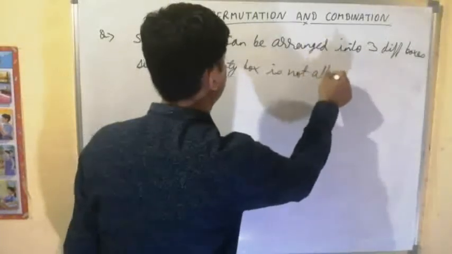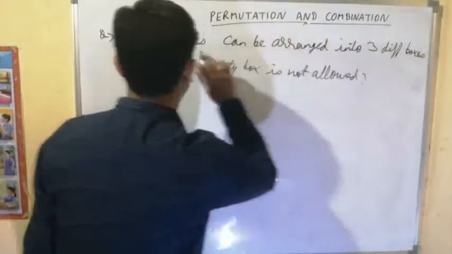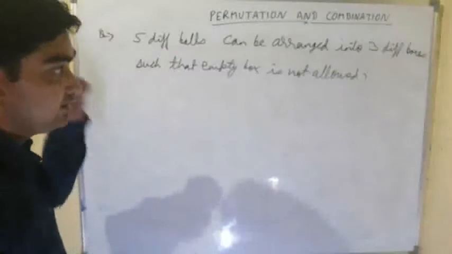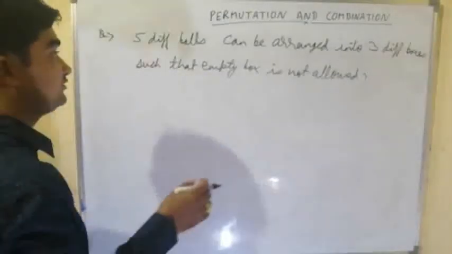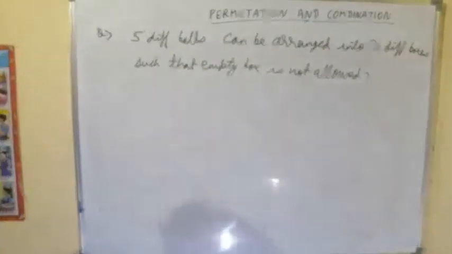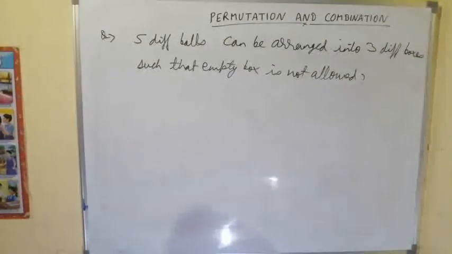So every box you have to give at least 1. In how many ways can we arrange 5 different balls in 3 different boxes such that an empty box is not allowed?